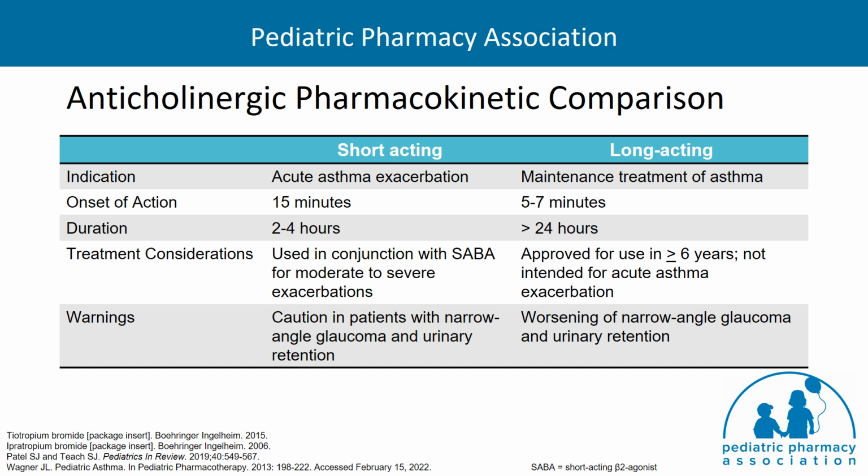Similar to the beta agonists, short-acting anticholinergics are used for acute asthma exacerbation management, while the long-acting agent of tiotropium is used in maintenance therapy. It is important to note that there are warnings for these agents for caution in use with patients with narrow-angle glaucoma as well as urinary retention, which we can monitor for in patients who are receiving this in maintenance therapy.